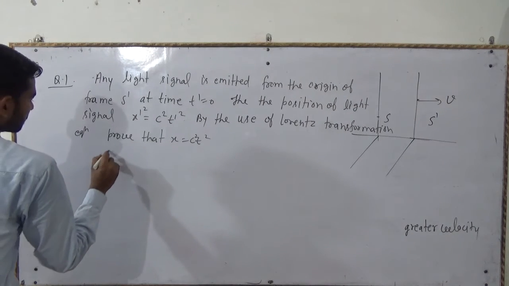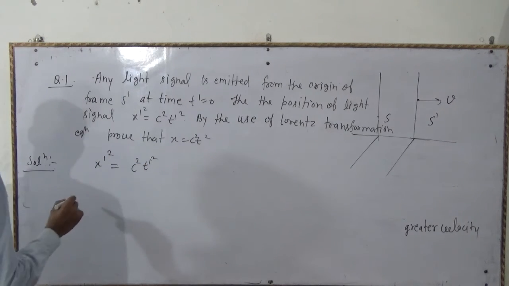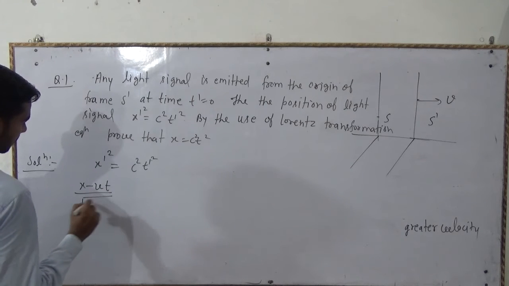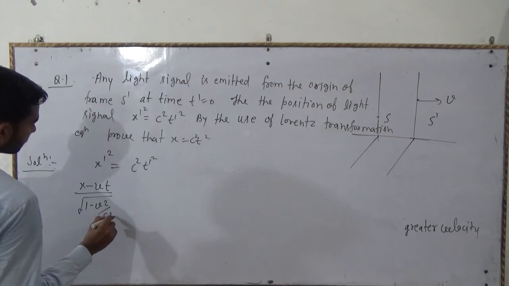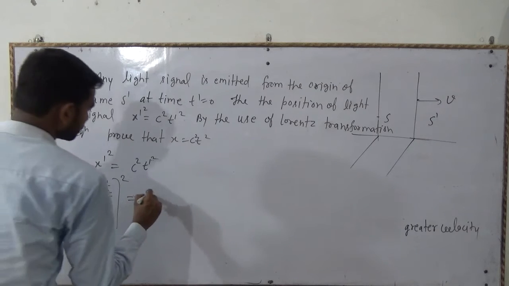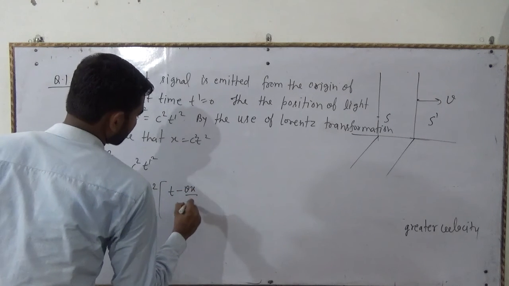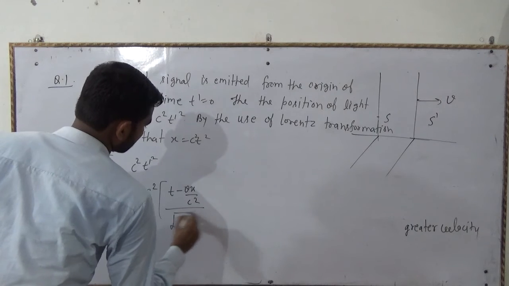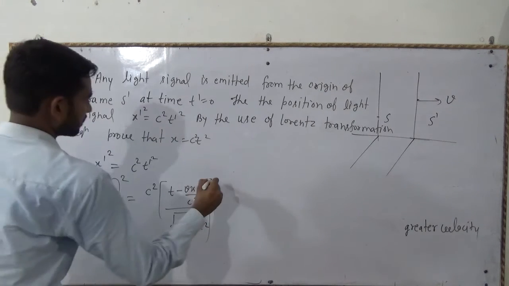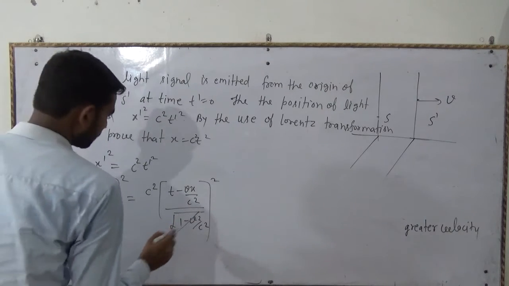x dash square is equal to c square t dash square, and the value of x dash is x minus vt upon under root 1 minus v square by c square, the whole square, is equal to c square times t minus vx by c square upon under root 1 minus v square by c square, the whole square. This term will cancel out.